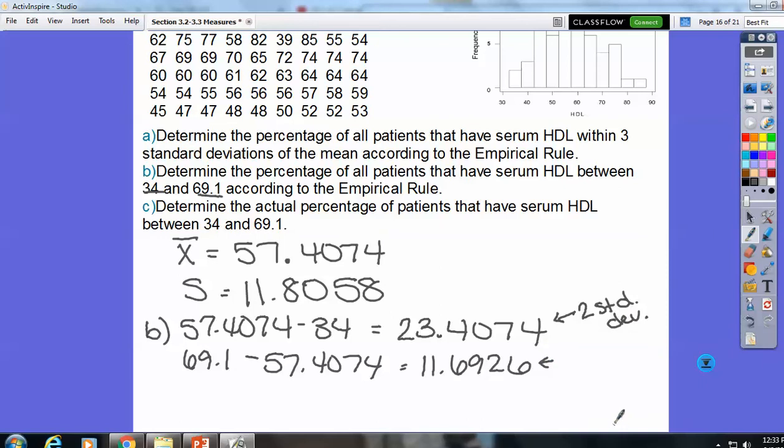Wait, how do you know that? I took this number and divided it by my standard deviation. So if I took this one and divided it by my standard deviation, what do you get? One.